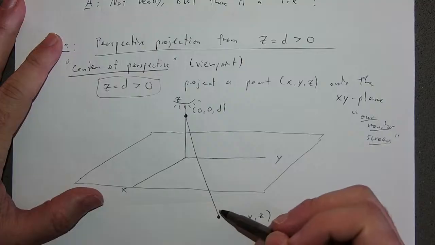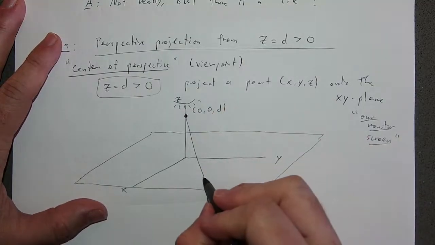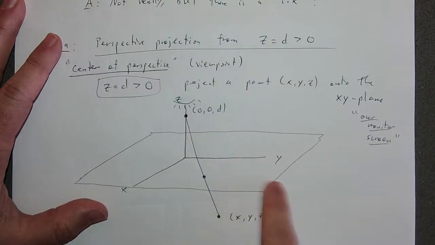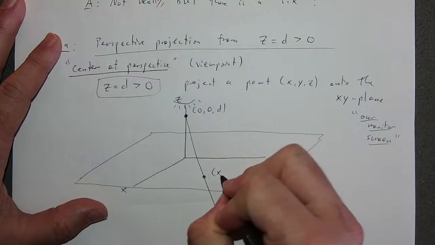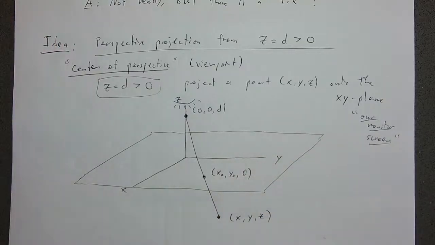And the point here is that this line of sight intersects the xy plane at some point here, which is not simply x, y, 0. I don't know what this point is, right? This point, whatever it is, x naught, y naught, 0. And that's what I want to find.